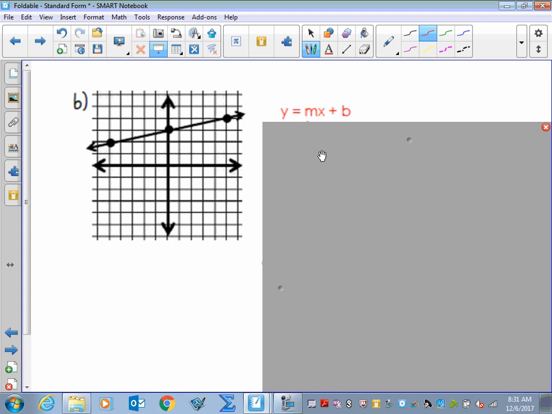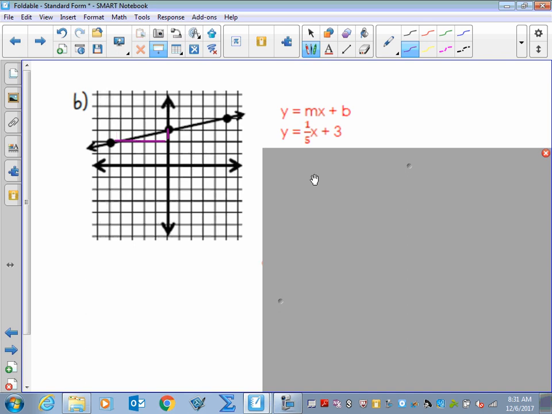All right, let's take a look at this one. Let's see if we can come up with the correct equation first. Where is this line crossing the y-axis? At 3. And what is the slope? 1/5. All right, so our slope is 1/5, so we're going to have y equals 1/5 x plus 3.